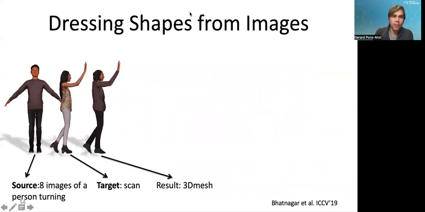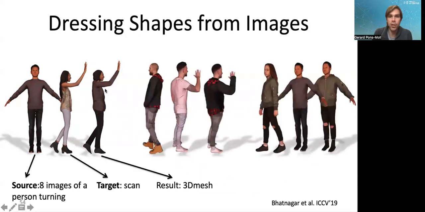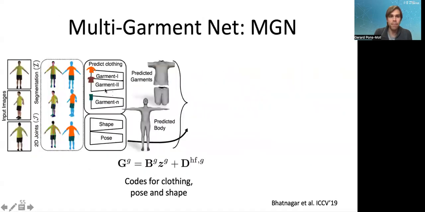So the setup is that you have 8 images of a person turning in front of a camera, and you have a target scan, and you want this 3D cloth mesh. And how this is done is using this self-supervised loop. You first get the images and you parse them into 2D key points and semantic segmentations of the person.